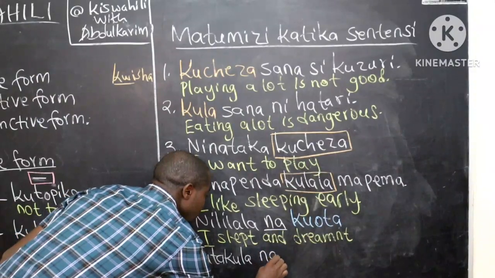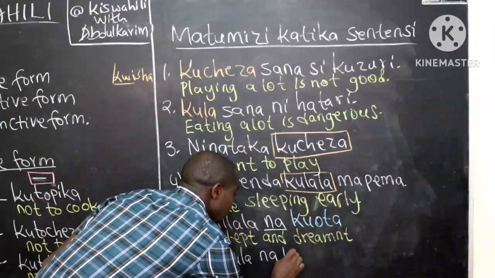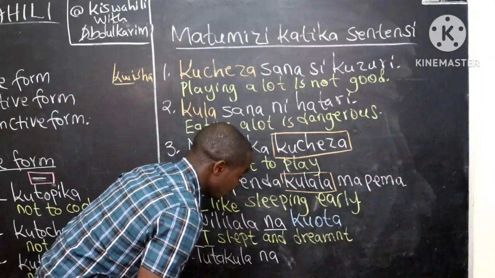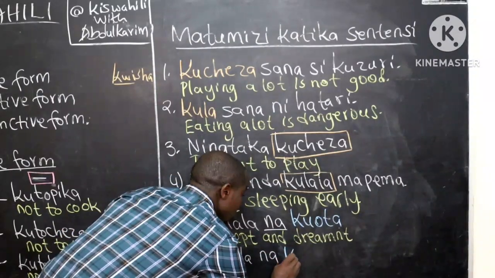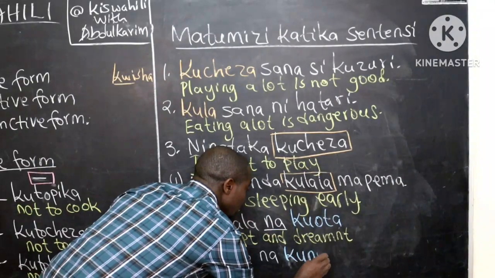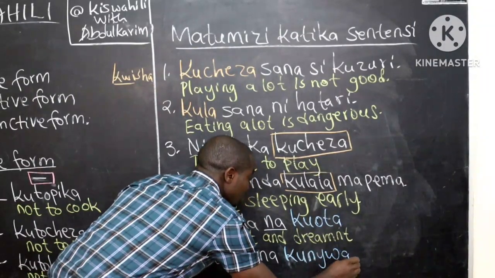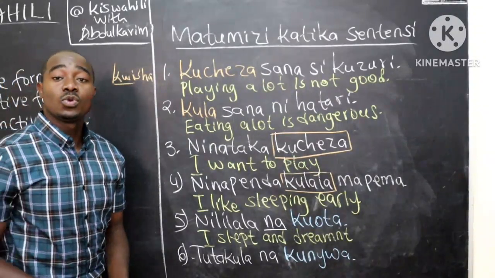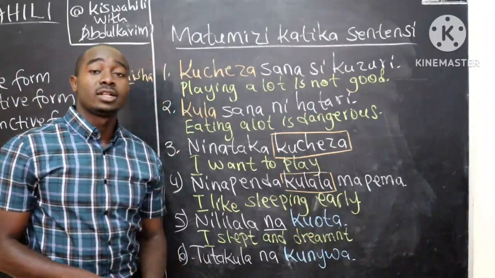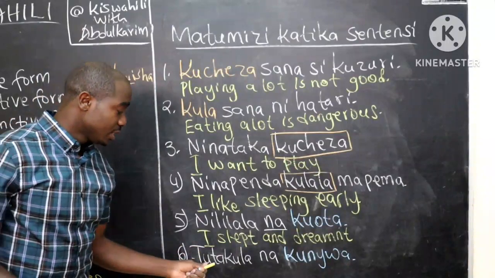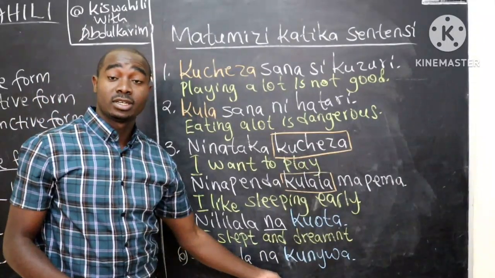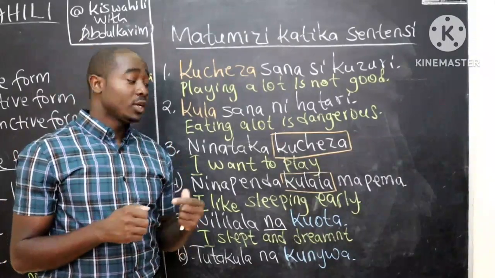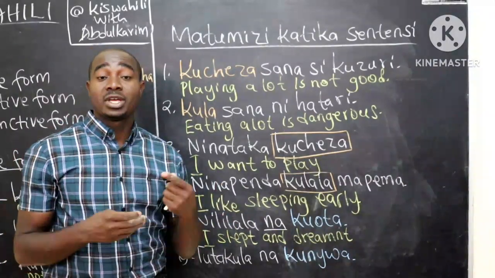Tutakula na kunywa. Tutakula na kunywa. Yeah, you can see here, I just have to say we will eat and drink. Tutakula na kunywa. So when using these verbs, just be careful.